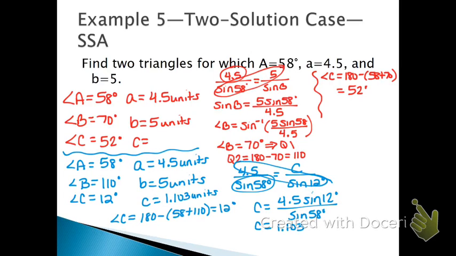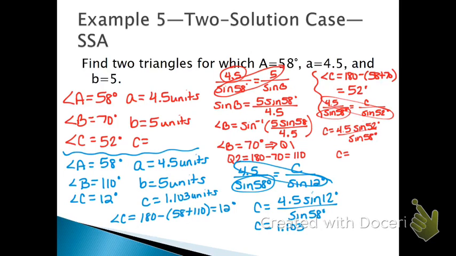So we're going to use the A information. So 4.5 over sine of 58 degrees equals side C over sine of 52 degrees. So cross multiply and divide. 4.5 sine of 52 degrees divided by sine of 58 degrees. Yes.